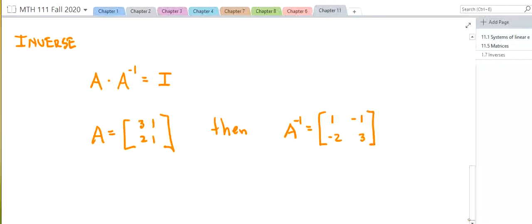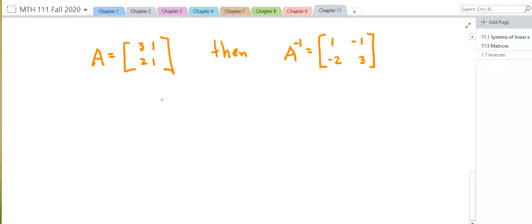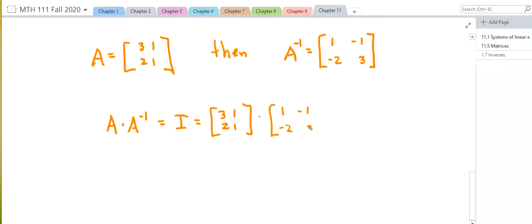So that means that if I take A times A inverse, I should get the identity matrix. So I'm saying 3, 1, 2, 1 times 1, minus 1, minus 2, 3.